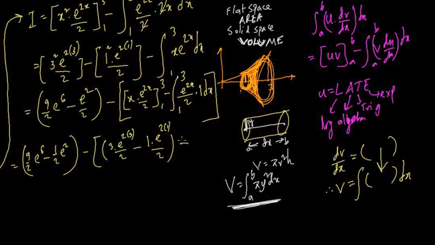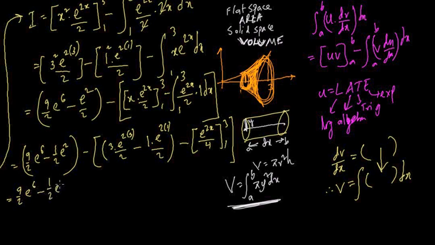Then minus, if we do the integral here, e to the power 2x by 2 is going to be e to the power 2x by 2, and there is another 2 here, so this would be 4, and the limit would be 1 to 3.